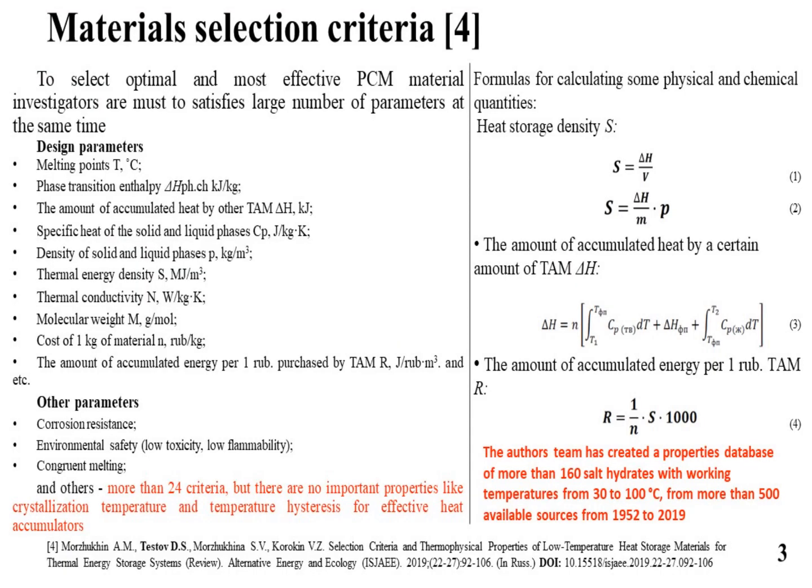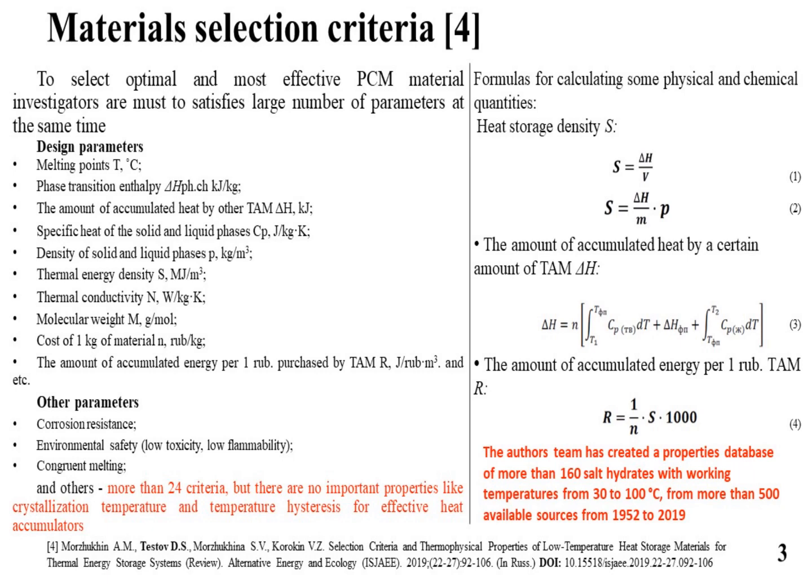A large number of requirements are imposed on the selection of phase change heat storage materials, including salt hydrates. To select the optimal and most effective phase change material, investigators must consider more than 24 quality criteria at the same time.